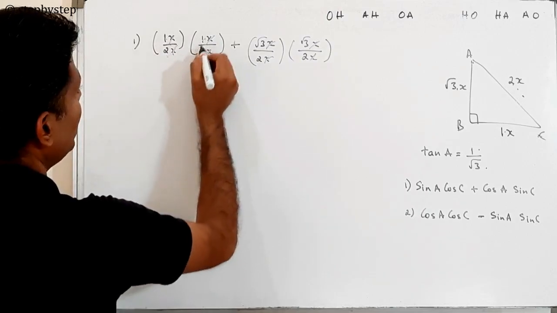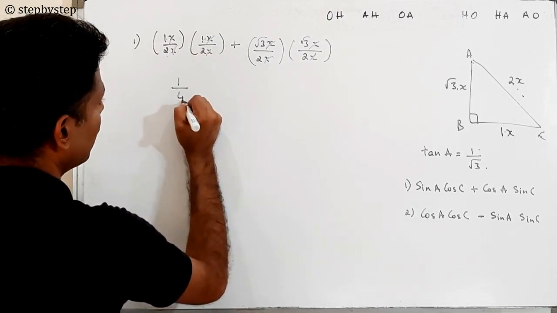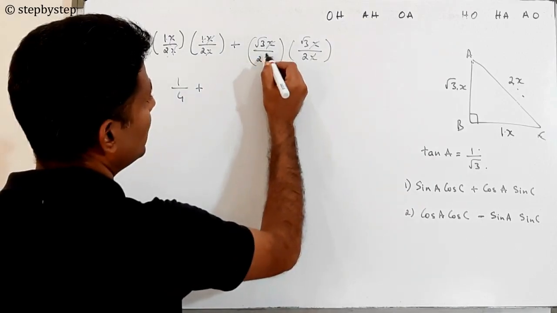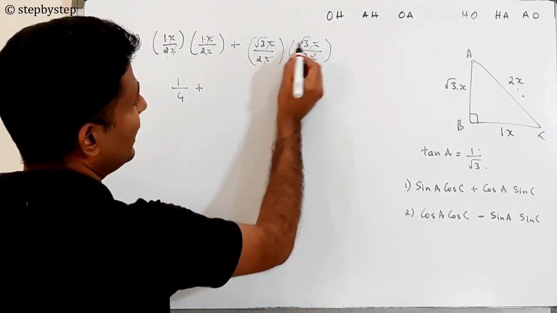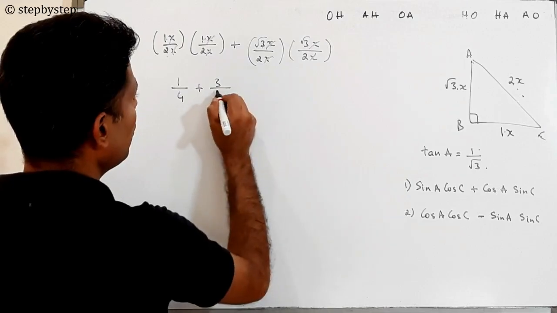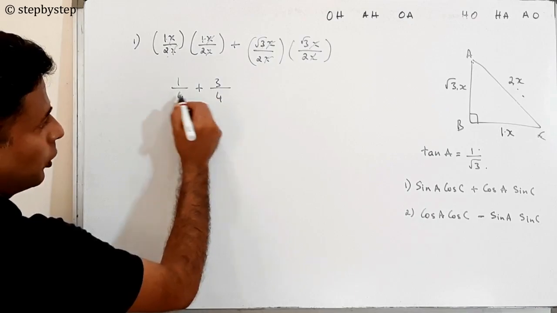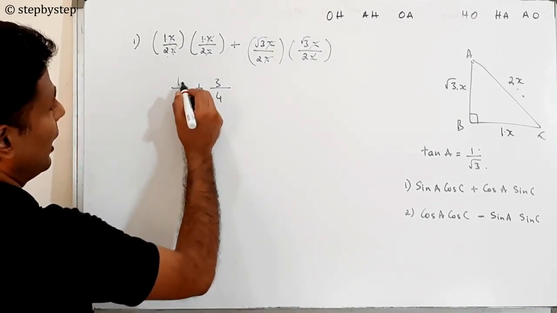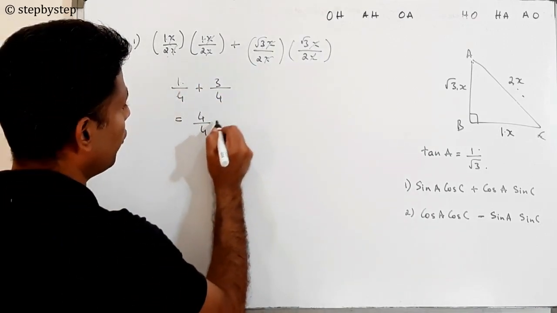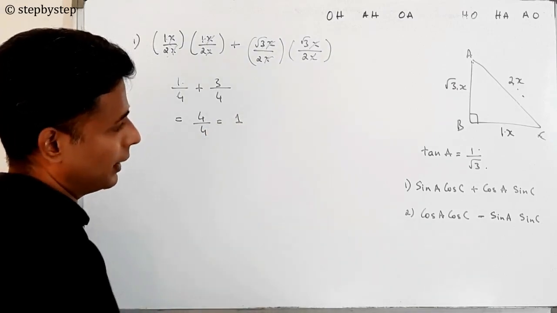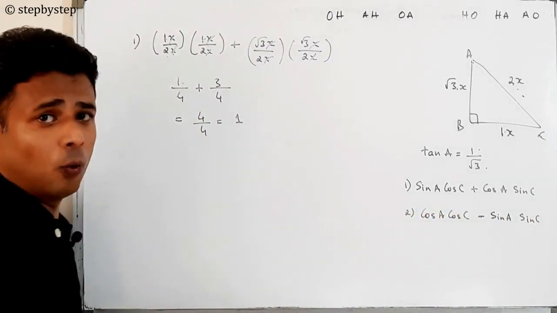So we have 1 by 2 into 1 by 2, that is 1 by 4 plus root 3 by 2 into root 3 by 2, root 3 into root 3, 3, 2 into 2, 4, which is equal to, now LCM we don't have to take because both denominators are 4. So 1 plus 3 is, you will get 4 by 4, which is equal to 1. So the answer for this is 1.